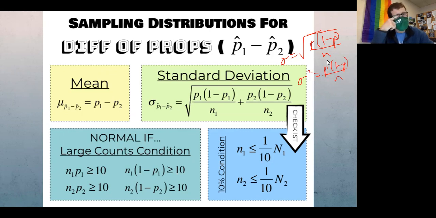And I show you that because let's look at the standard deviation real quick. Maybe I should have started with the mean, but I'll come back to that. So the standard deviation for a sampling distribution of difference of proportions is going to be, this p sub 1 is the hypothesized proportion. Or, well, no, it's actually going to end up being your p hat, I'm sorry. But notice it's p sub 1 times 1 minus p sub 1 all over n sub 1 plus p sub 2 times 1 minus p sub 2 all over n sub 2.